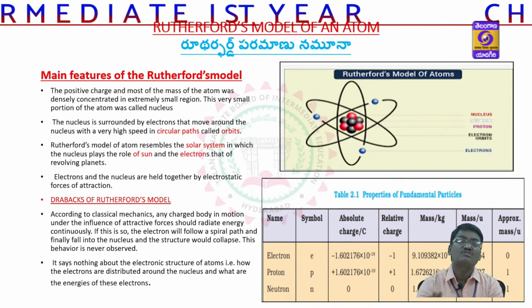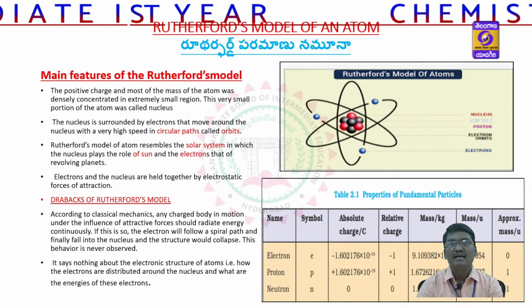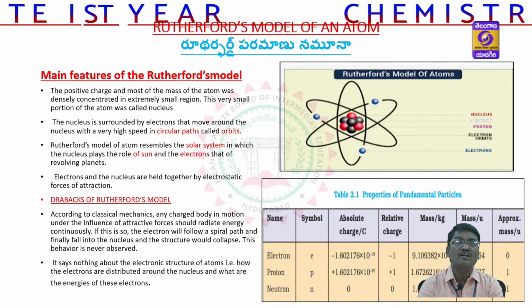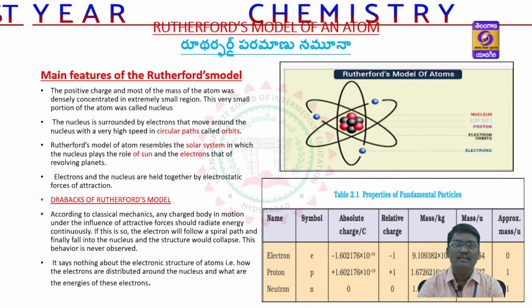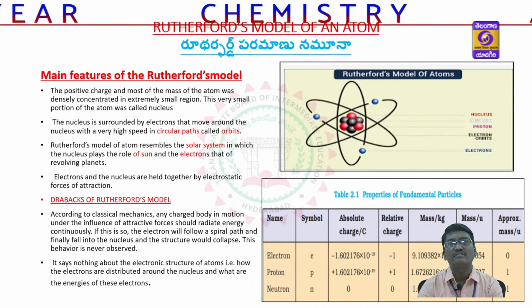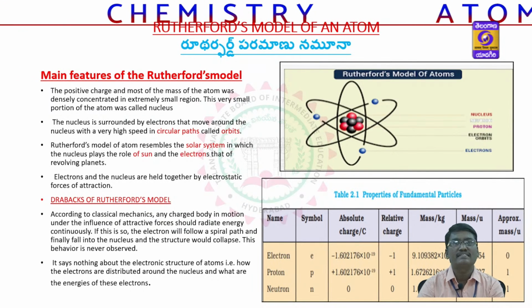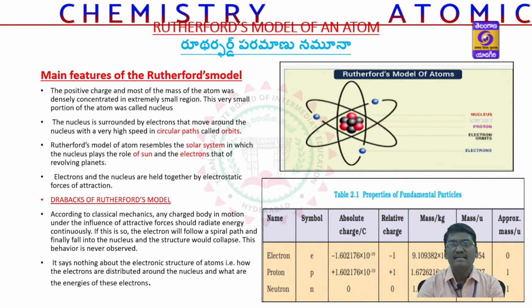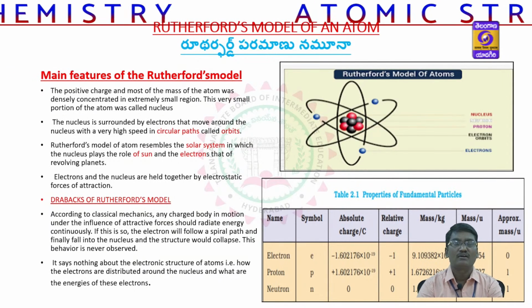An electron also should lose energy, and it has to come and fall in the middle. If the electrons fall in the nucleus, the atom will collapse. But the atom is stable. It is neither created nor destroyed, we know. That means the atom will not be destroyed, but this point is not explained by Rutherford.